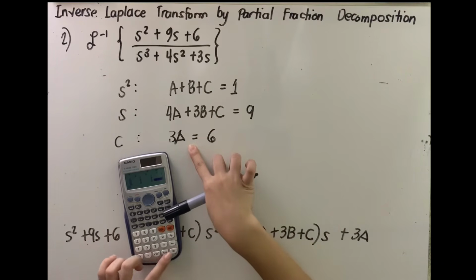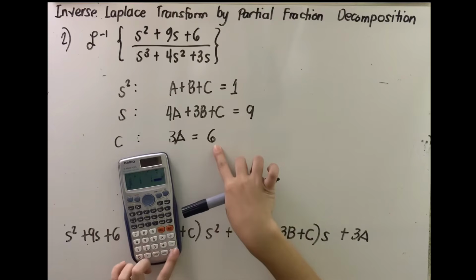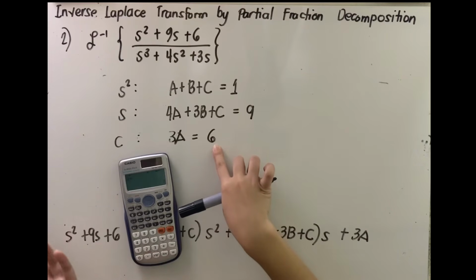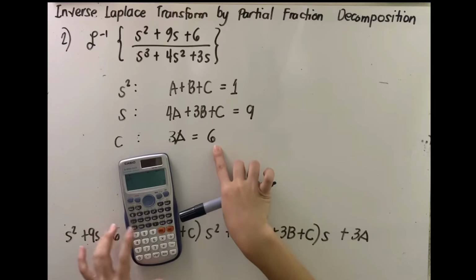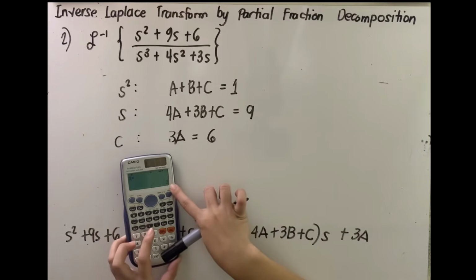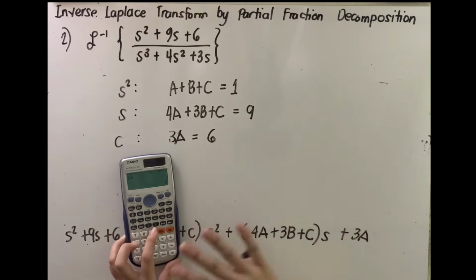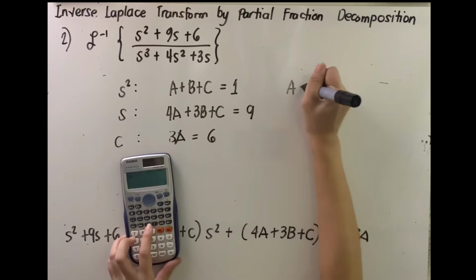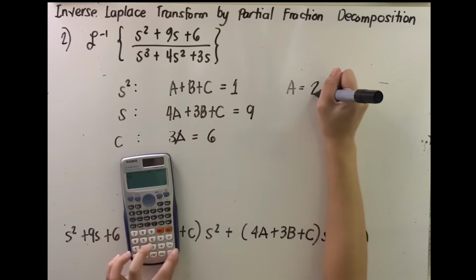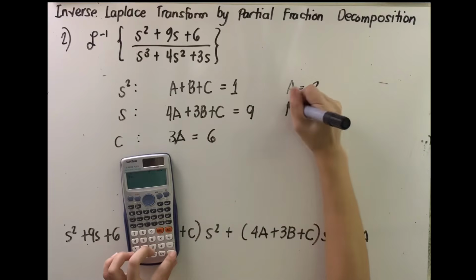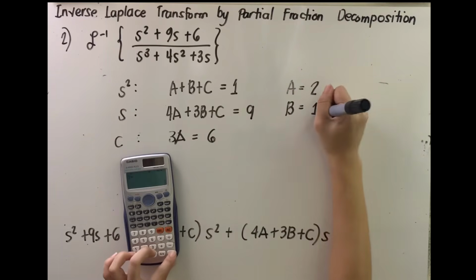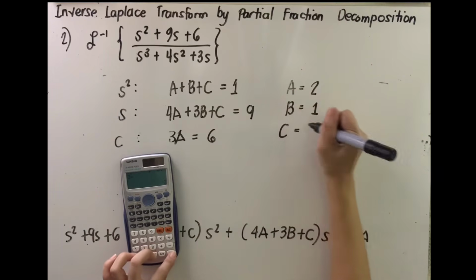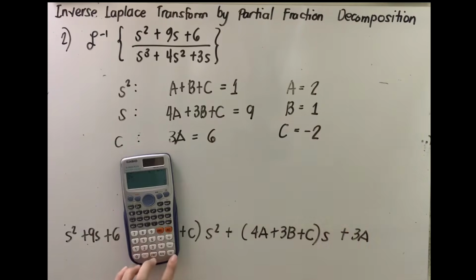I do not have C, but I have a constant which is 6. So if you equate that, it should result that A is equivalent to 2. And yes, A is equivalent to 2, right? Kasi ang sequence na lalabas, A, B, C then, which means A will be equivalent to 2, B would be equivalent to 1, and C is equivalent to negative 2.